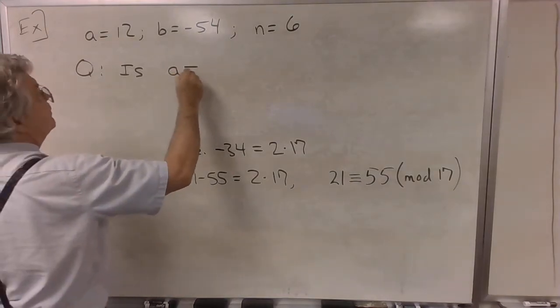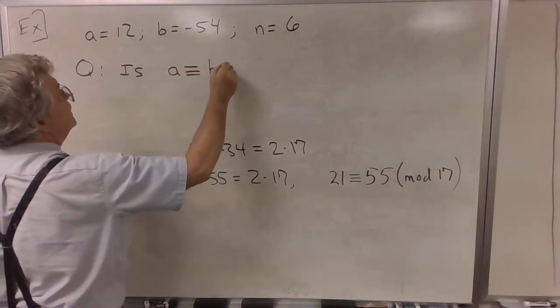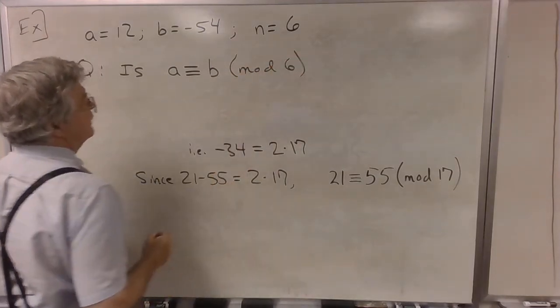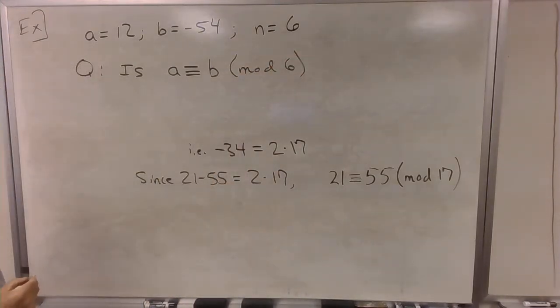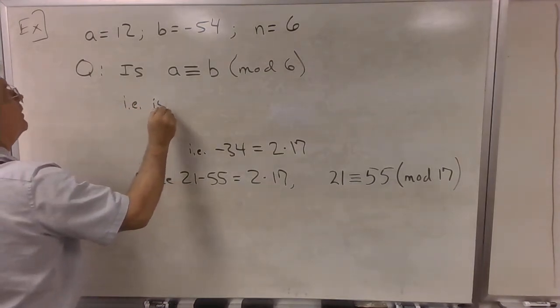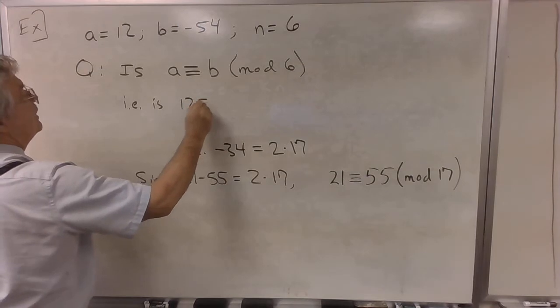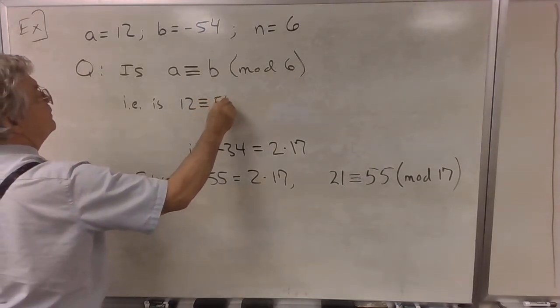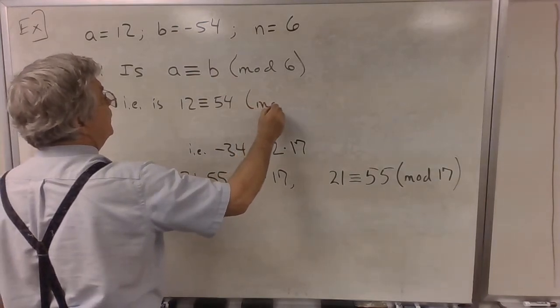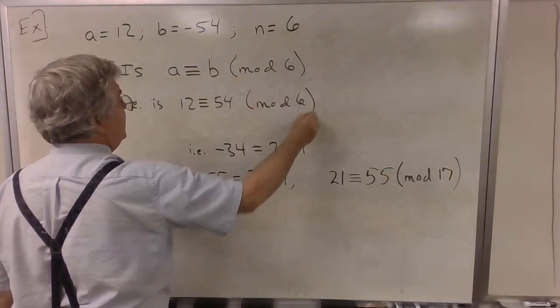Is A congruent to B mod 6? Or is 12 congruent to negative 54 mod 6?